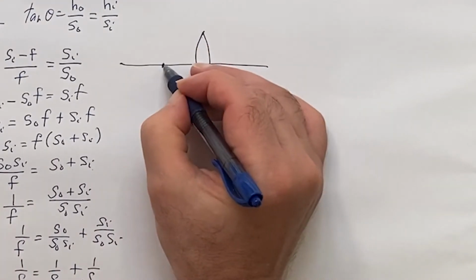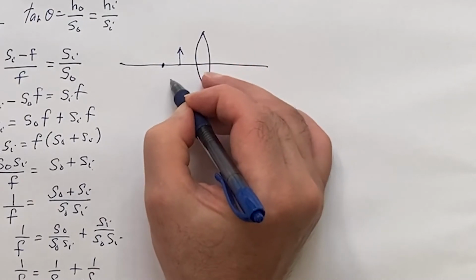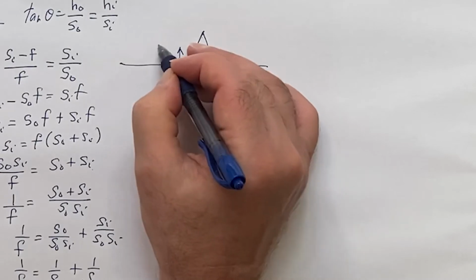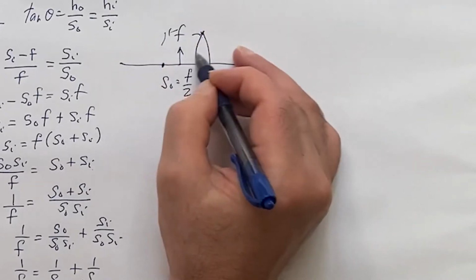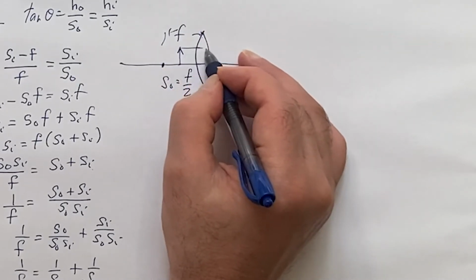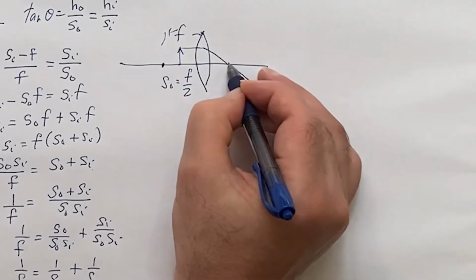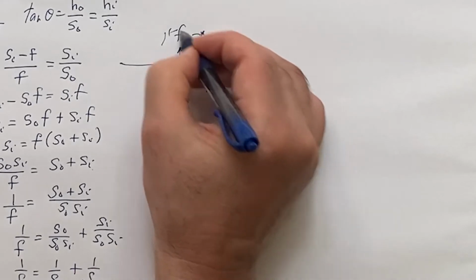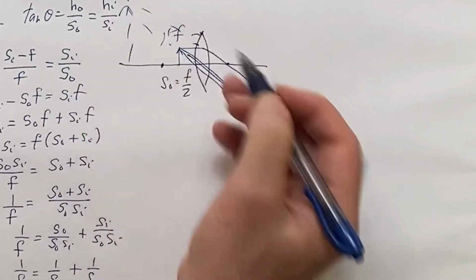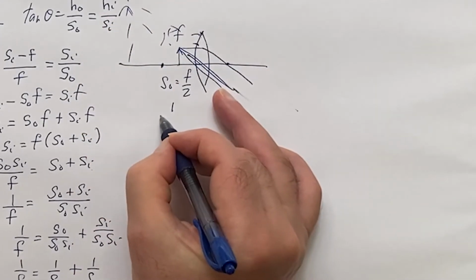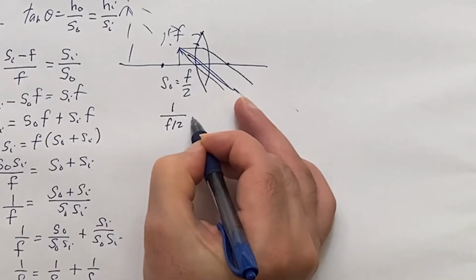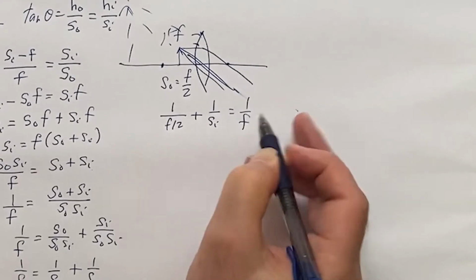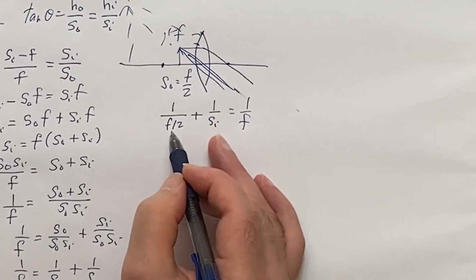And then if you were to do something with the lens, say you put it at half F, in other words SO is F over 2, like a halfway mark. This is the case that we did earlier, where if you come through here, you're going to have something way back here. But let's go ahead and work it out and see. So 1 over F over 2 plus 1 over SI is 1 over F, because this is 1 over SO.